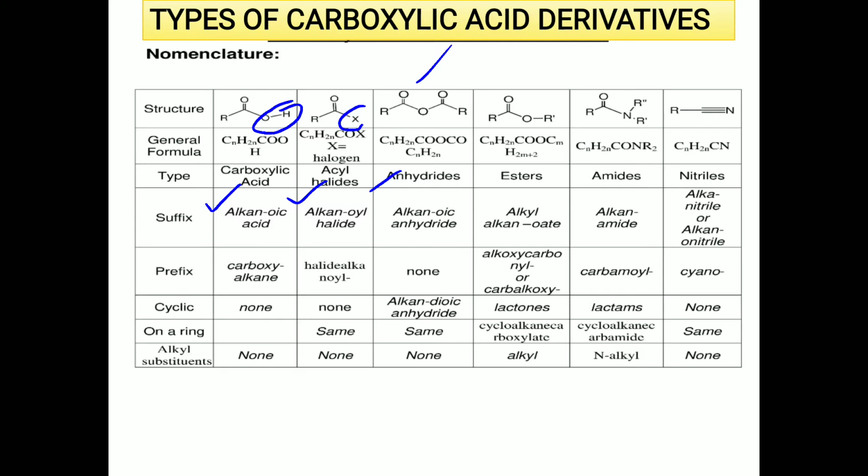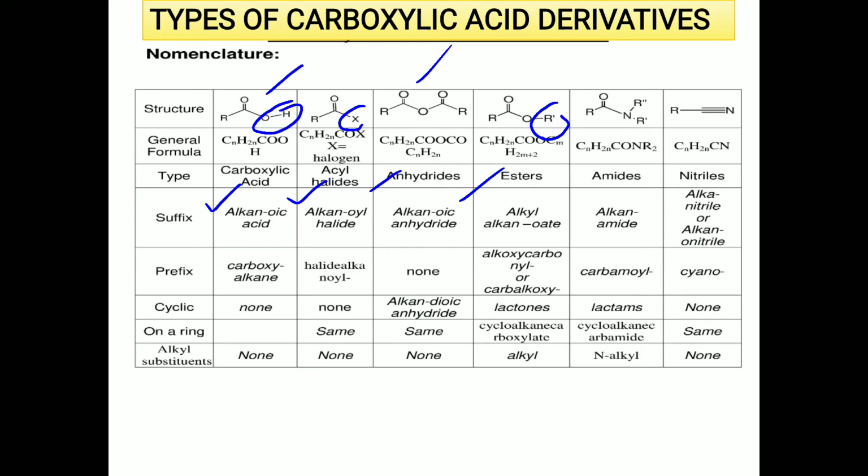Okay, moving to the fourth one, that is esters. Here also, the hydrogen of the carboxylic acid is replaced by another alkane chain, so it becomes an ester. COO is the basic functional group of esters.